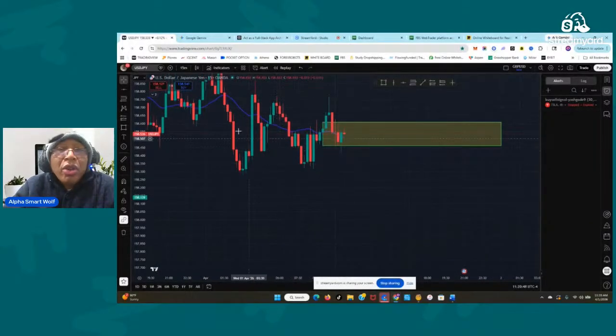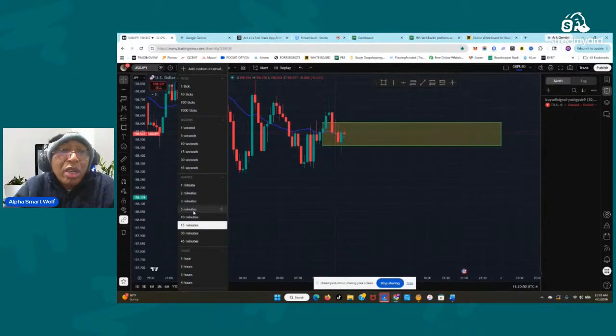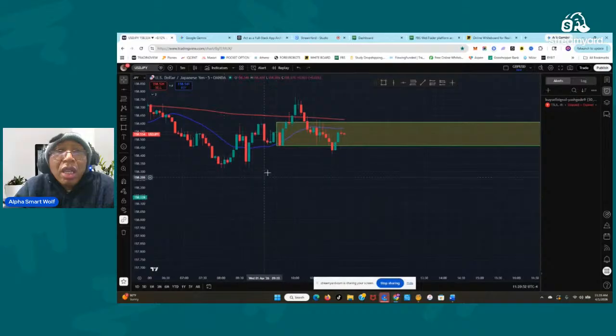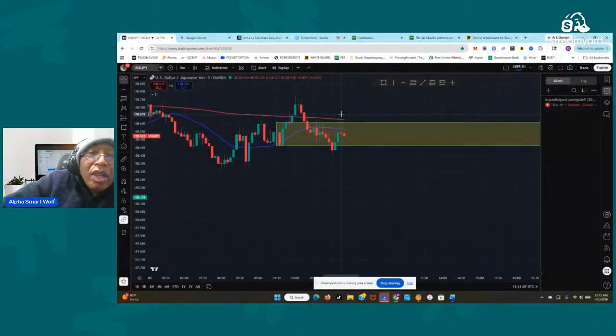And there you go. So you go down to the 5 minutes and you can see it did break out on the top there. And it started coming down, broke out on the downside, came back. It is going up now.